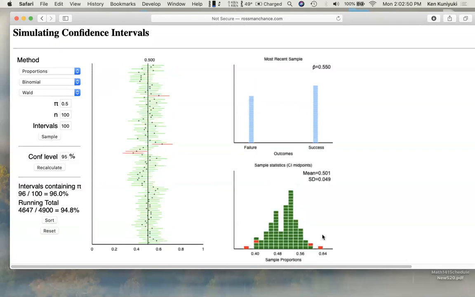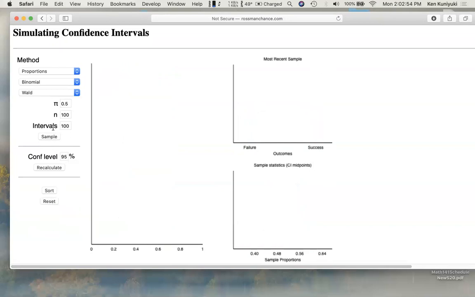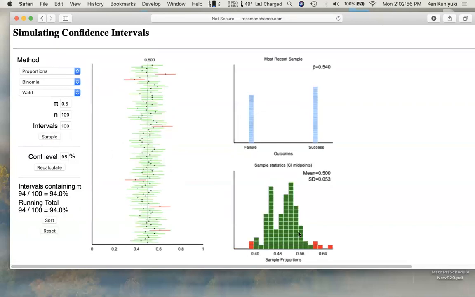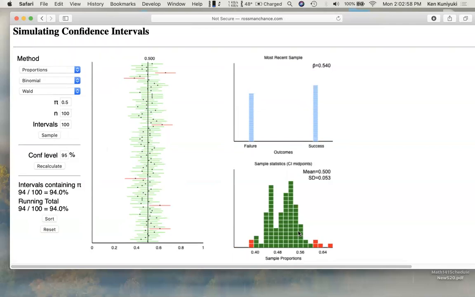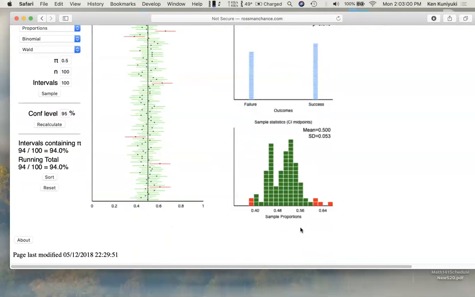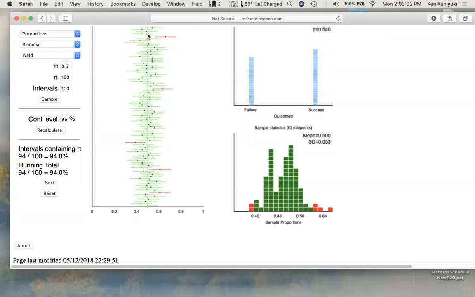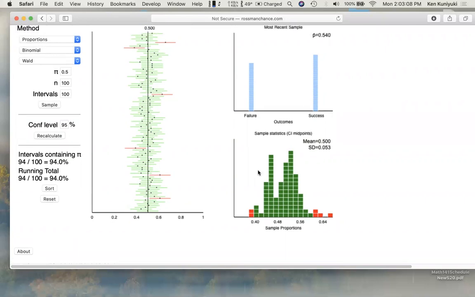By the way, over here, let's reset this. Looking over here, this is a histogram of the 100 sample proportions, basically these black dots that are at the midpoints of these confidence intervals. This histogram collects the black dots. And the boxes here in red correspond to the confidence intervals that fail us.